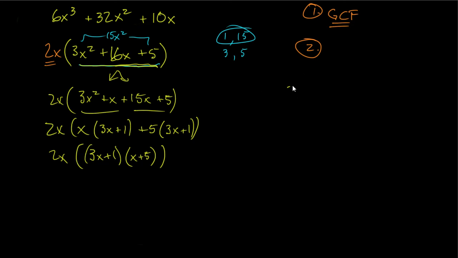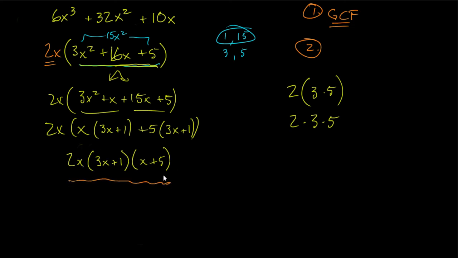But that'd be kind of like writing 2 times 3 times 5. It doesn't matter if I multiply these two first and then the 2x, or if I multiply just 2 times 3 times 5. It's called the associative property. That means that I don't really need these parentheses to begin with. So I'm going to write my answer as 2x times 3x plus 1 times x plus 5.